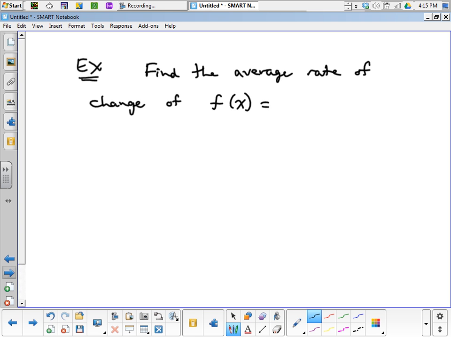How about just 5x? From x equals 1 to x equals 6.